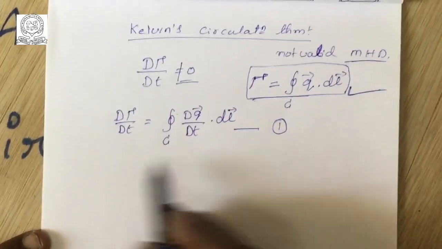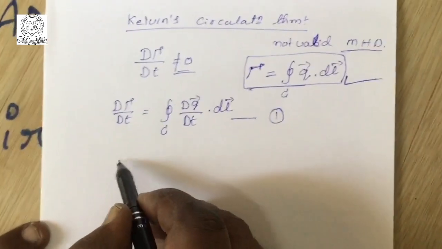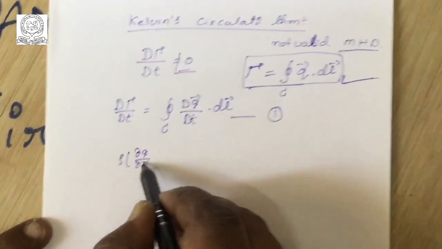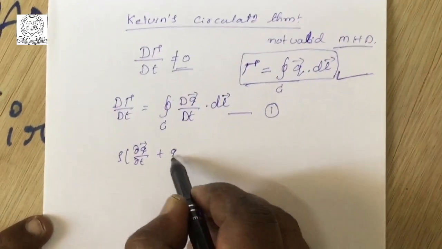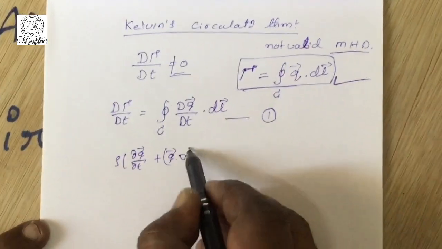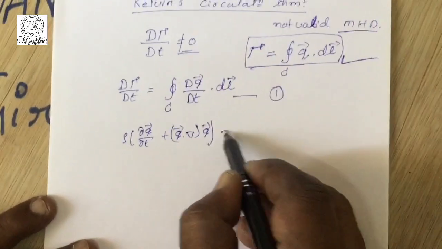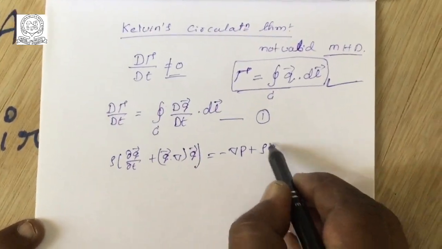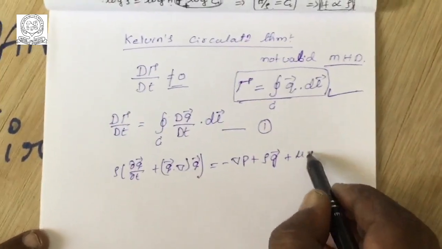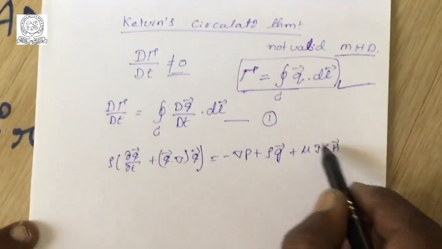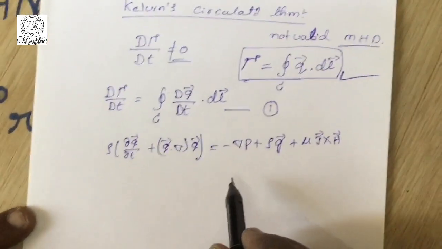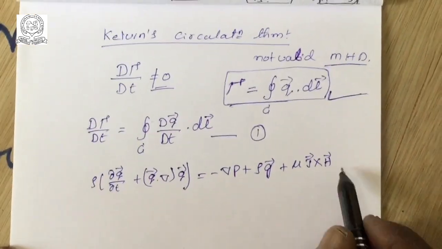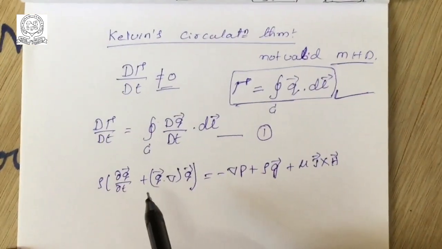Now consider the momentum equation that you know: rho into del q by del t plus q dot del of q is equal to minus gradient of p plus rho into g plus mu into j cross h. I am going to neglect the viscous term because we did not consider that term in the circulation theorem in fluid mechanics also.